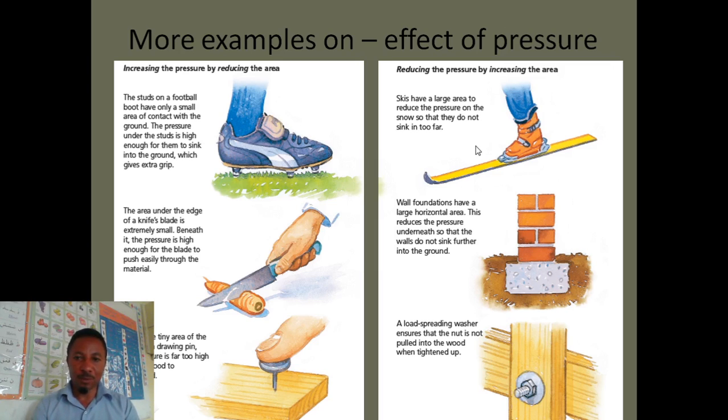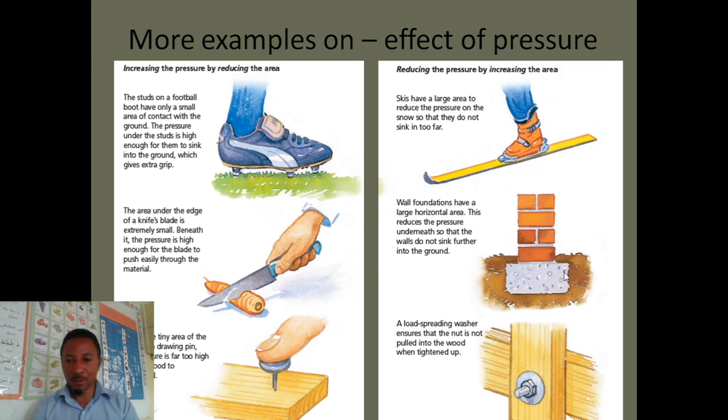Now for the case on my right-hand side, we have snowshoes. They have large areas, so they reduce the pressure on the snow so that they do not sink in too far. Notice that the area is wide, so it helps whoever is on it not to sink in the snow.